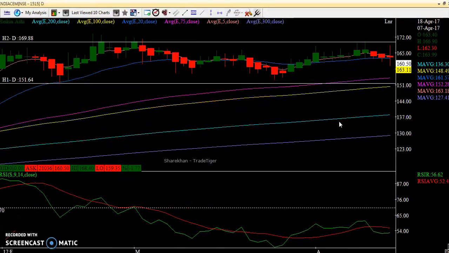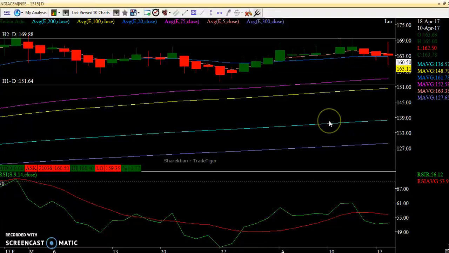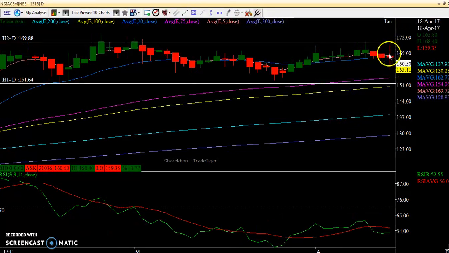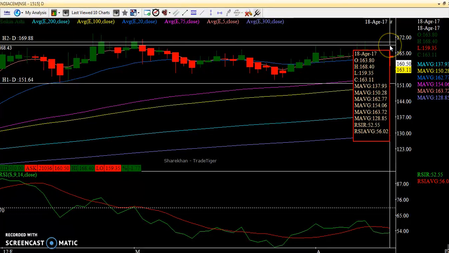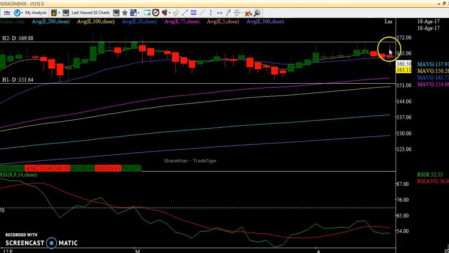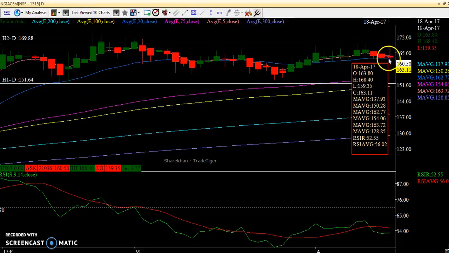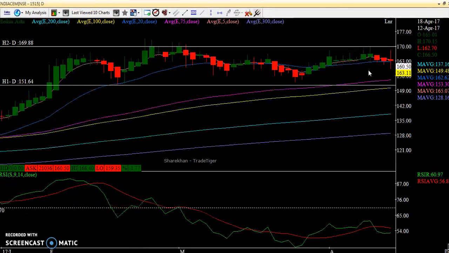So coming to other factors like the candles, what candles it's forming daily. This is the candle which shows that the stock has gone to this level, but there was a lot of supply, so the stock came down and closed near this level. So it's a red candle, a spinning top.